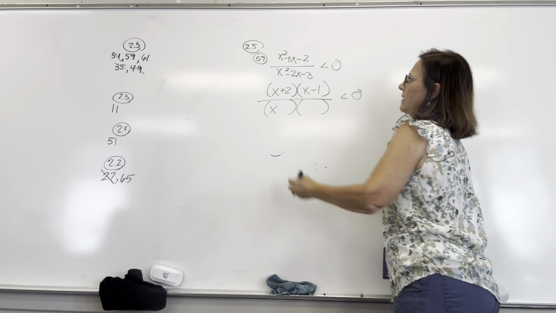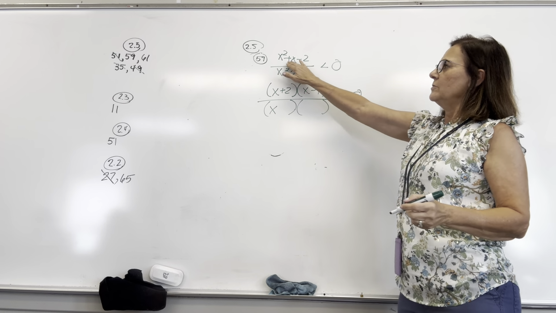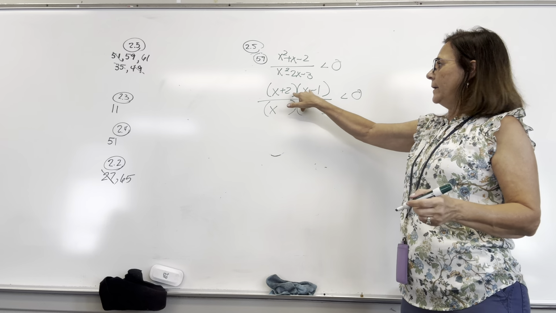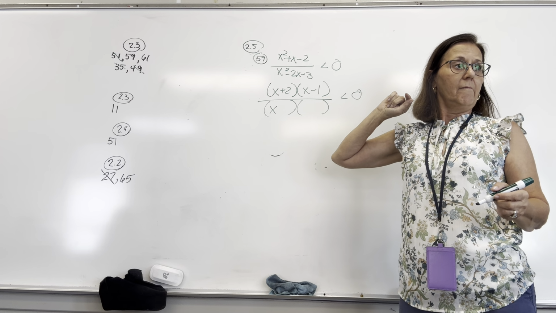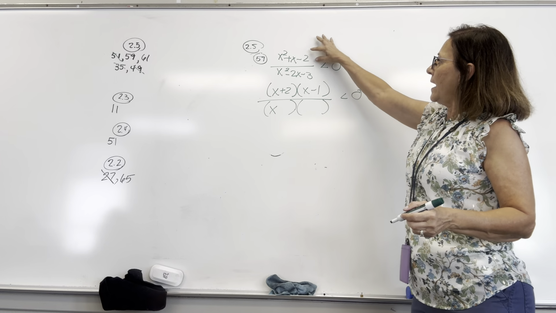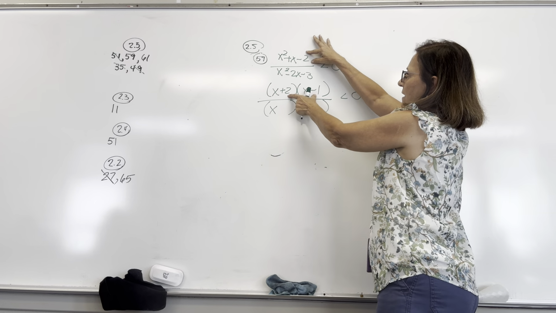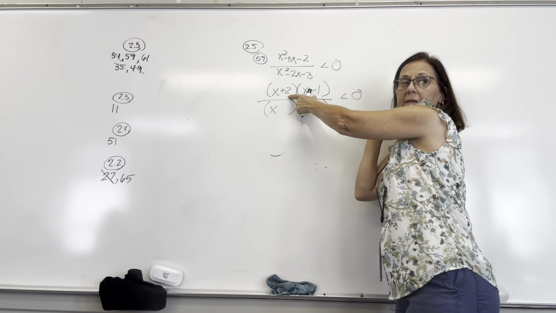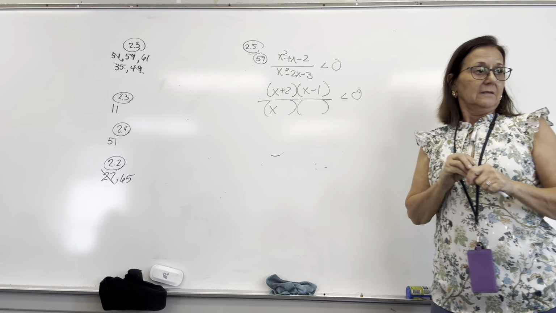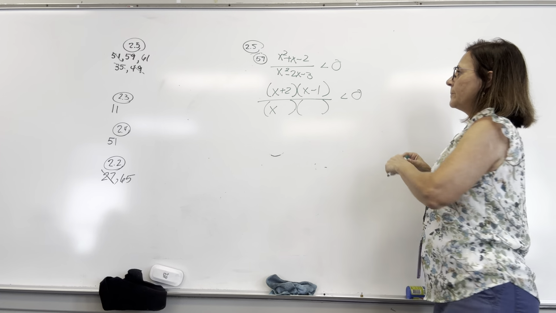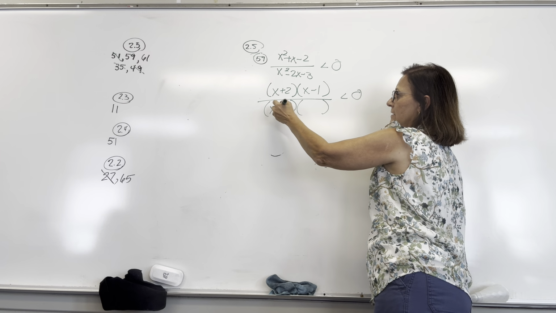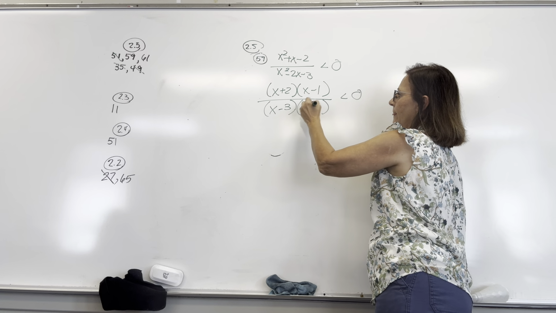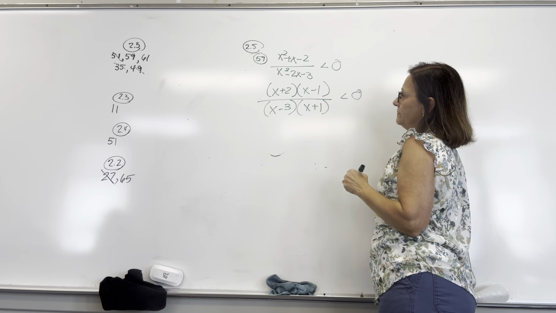Factors of negative 3 such that we add them and they're positive 1? Multiplied equals negative 3, added equals negative 2. It's going to be x minus 3 and x plus 1.